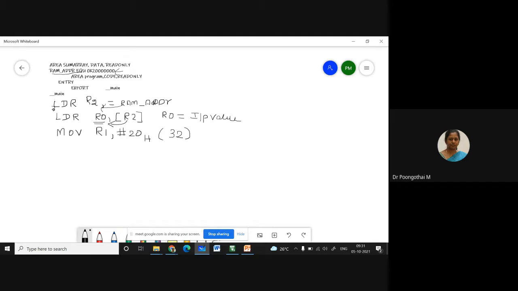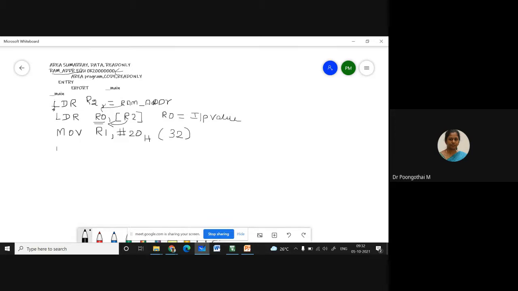You have to perform a shift operation to monitor the carry flag status. So we have to shift the content of this input, that is the R0 content, towards any direction, left direction or right direction.